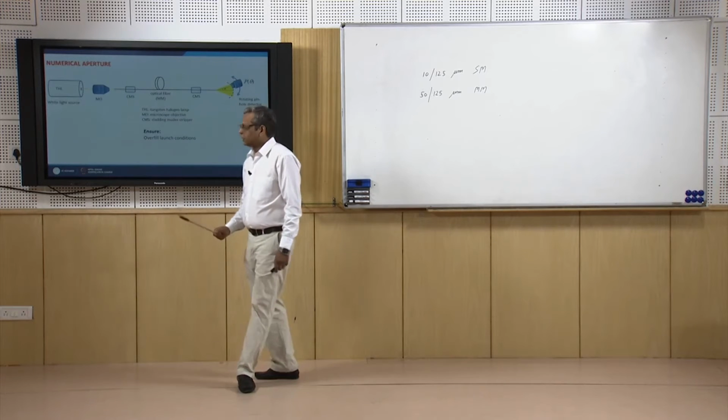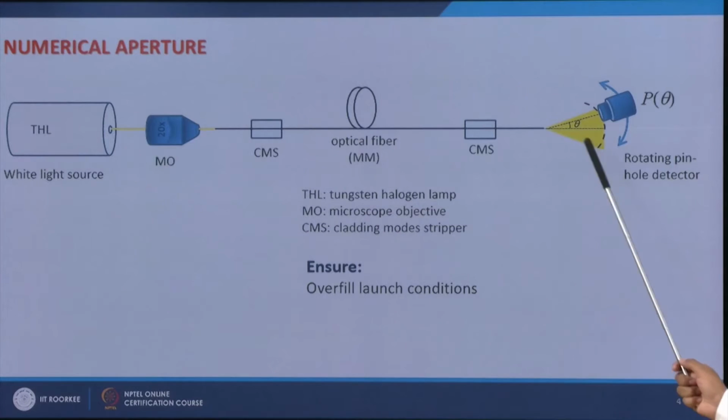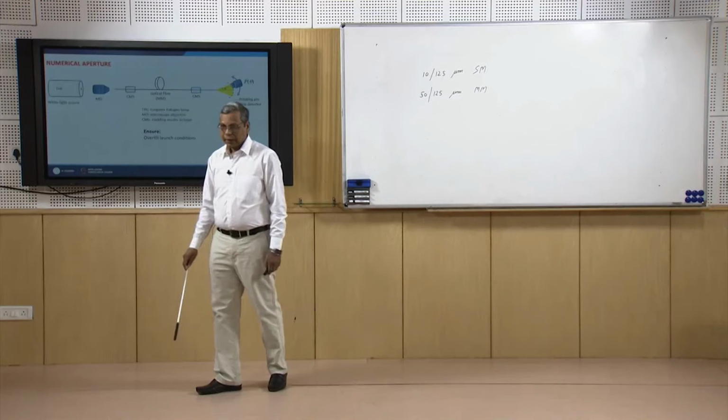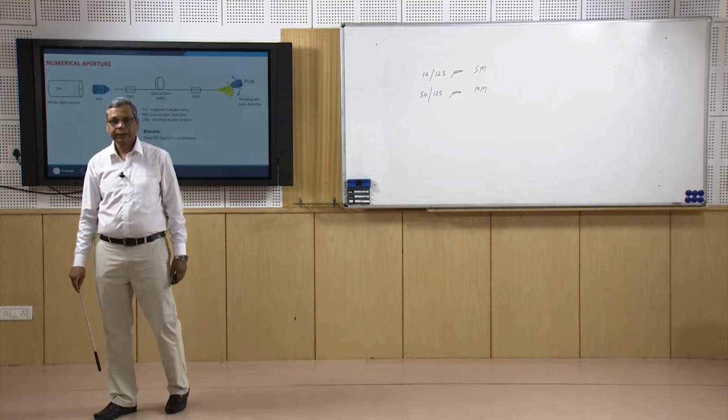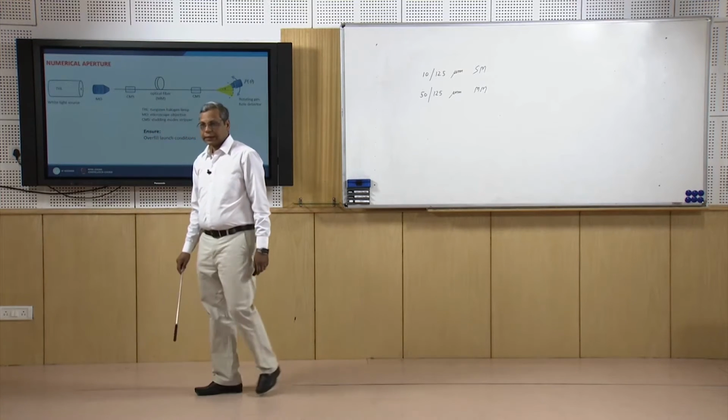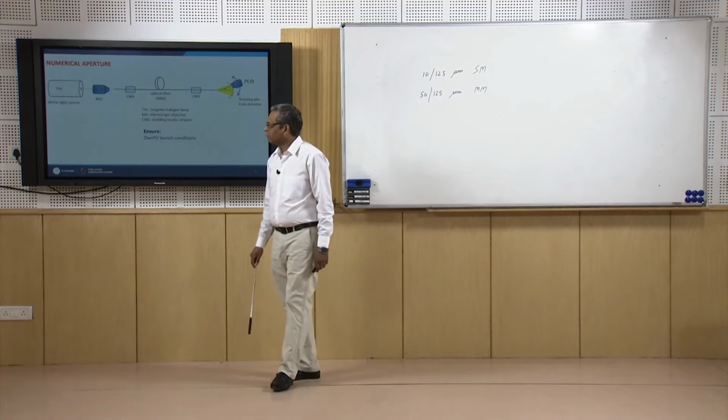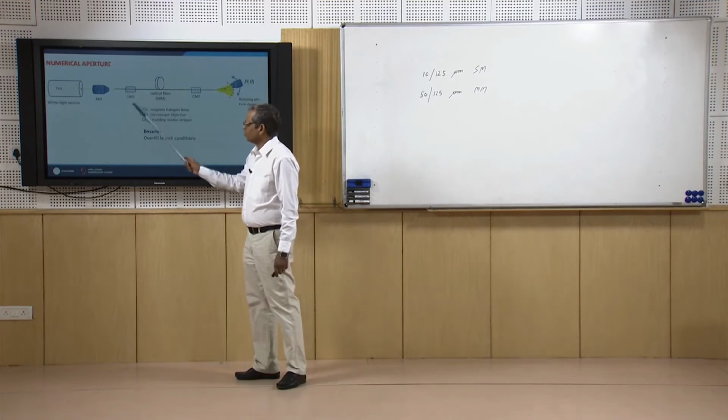Otherwise at the output end you will collect light not only coming from the core modes, but also from the cladding modes. And numerical aperture is defined with respect to the guided light. So, it is essential that you strip off these cladding modes.